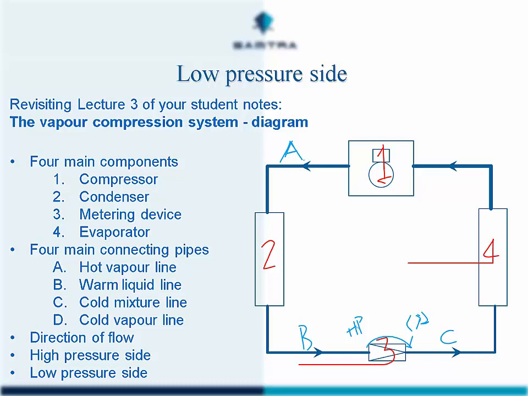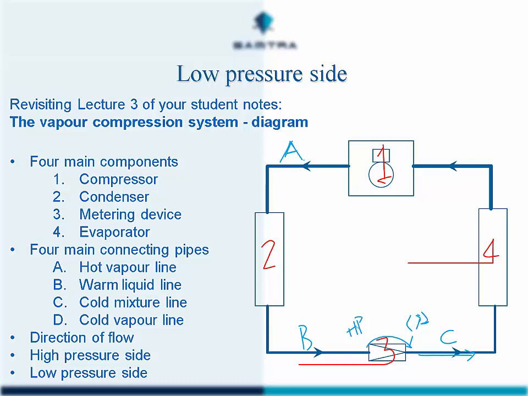So we go from a high pressure side to a low pressure side, and that creates a change in temperature from high temperature to low temperature, or from warm to cold. So coming out of this pipe on that side is our low pressure, low temperature saturated mixture. So that's the cold mixture line. Some vapor, mostly liquid.